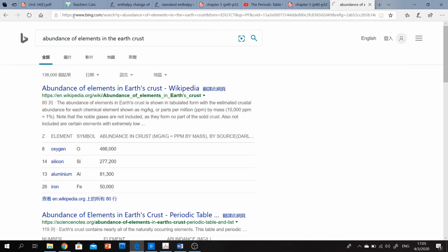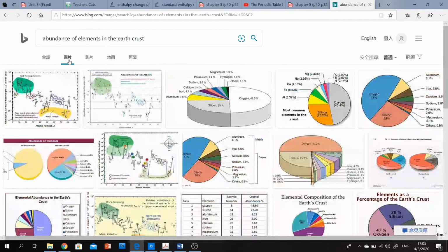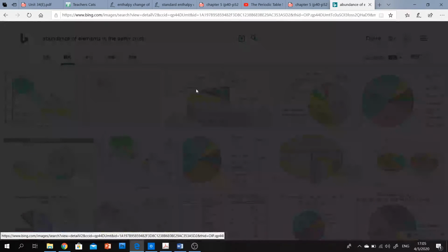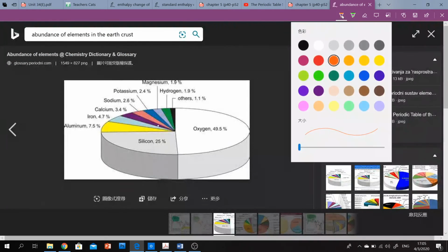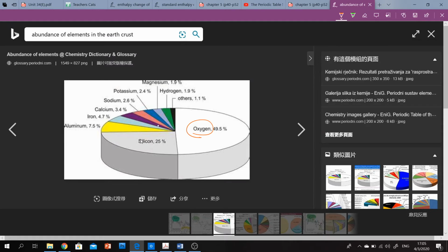In chemistry, we usually use this table, and you need to memorize it. Rank number 1 is oxygen, rank number 2 is silicon, and rank number 3, the most abundant metal, is aluminium, even though it's more expensive.